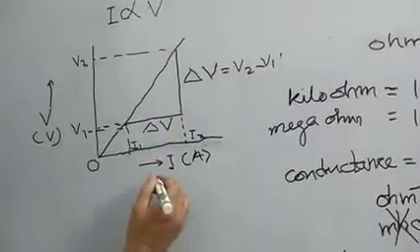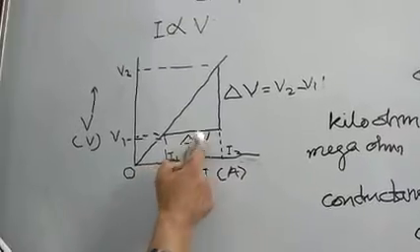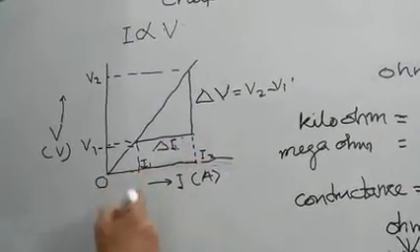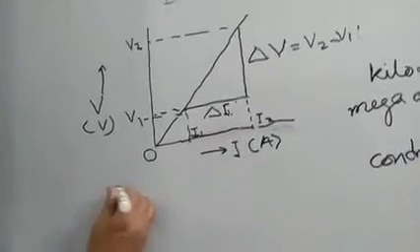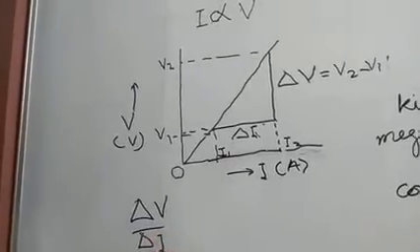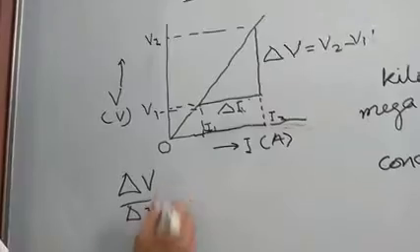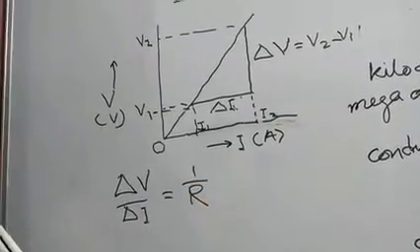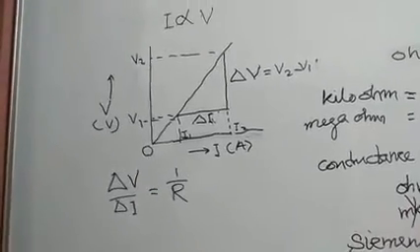Similarly, delta I would mean I2 minus I1. Then this slope, delta I upon delta V, will be 1 upon the resistance, 1 divided by resistance, and we have talked about this.